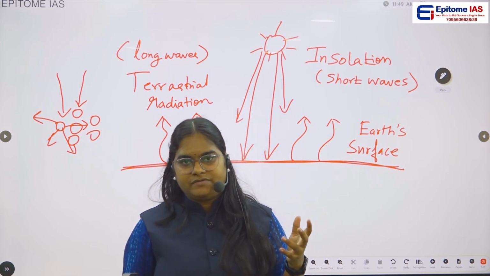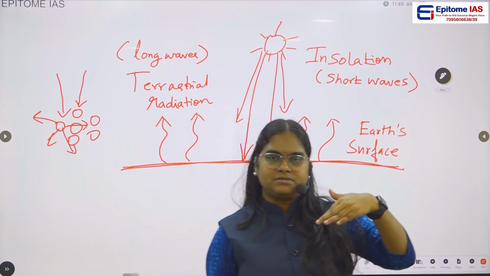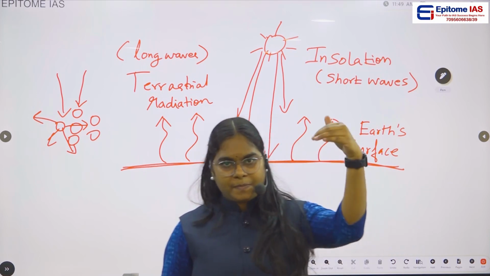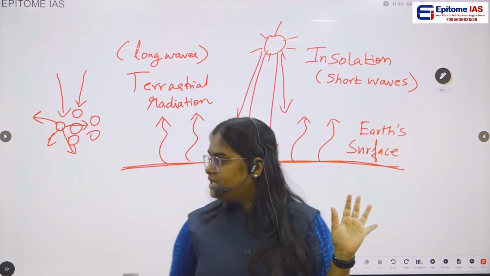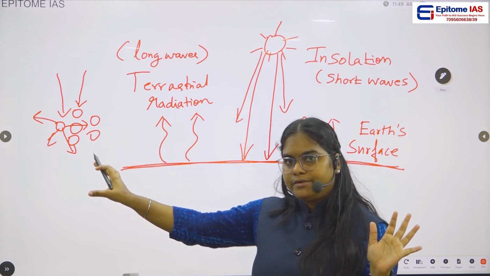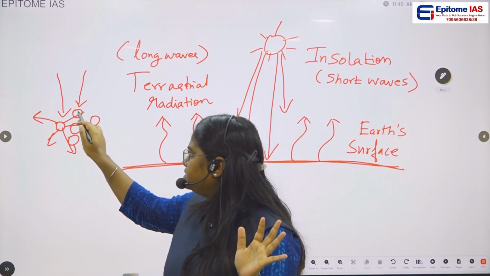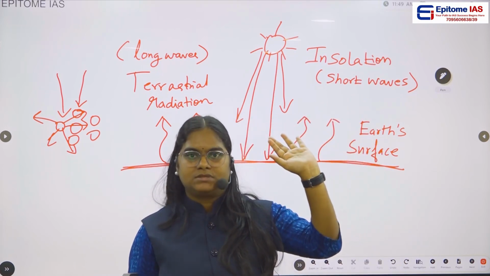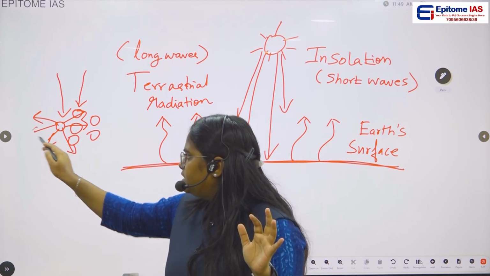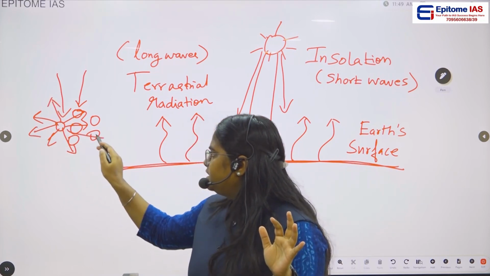It is similar to reflection, but reflection sends the solar radiation back to the space, whereas scattering by the dust particle happens in all directions. Some may escape to space, but some of the radiation is scattered in every direction.